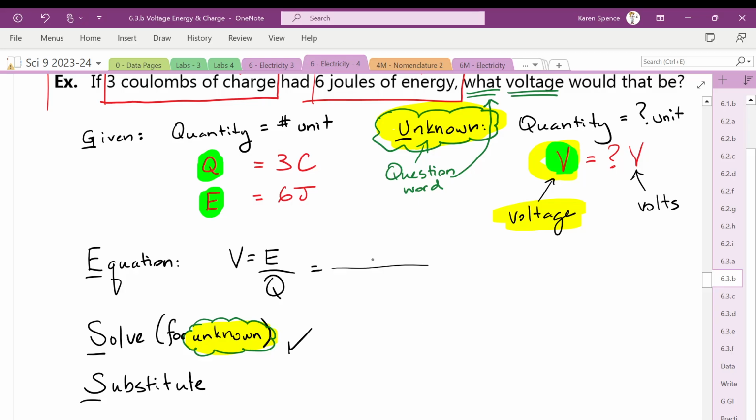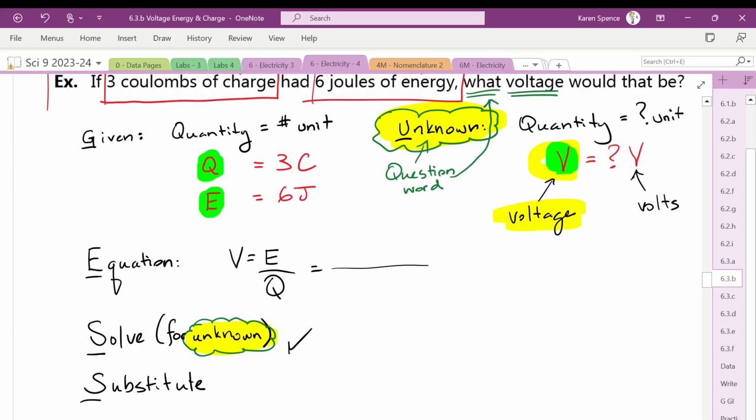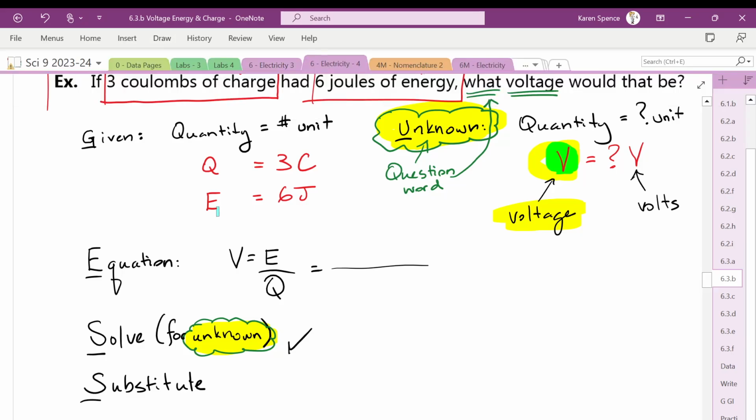So if we substitute E, what would we put in for E? Go back to your given quantities. What can I substitute for E?